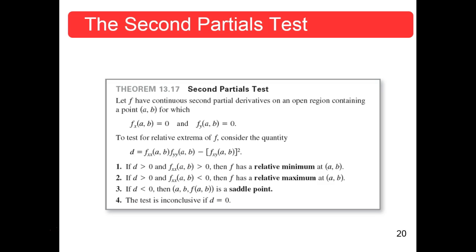That's not the right term. Mixed partial. Mixed partial is the thing you call that. Or just that the mixed partial squared is greater than the product of the other two, whether they're positive or negative. Then that's the saddle point. The test is totally inconclusive if D is equal to 0. You can't tell what's going on there.